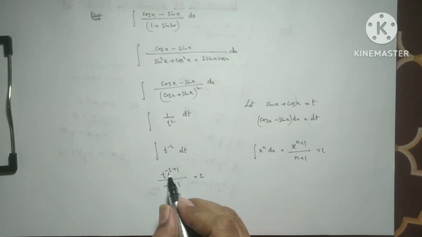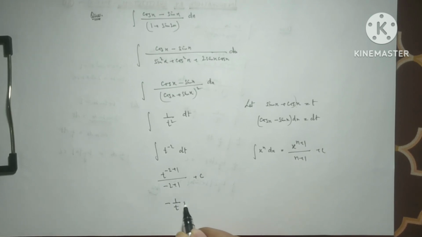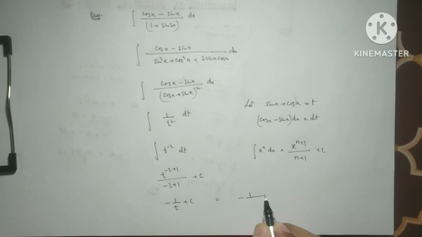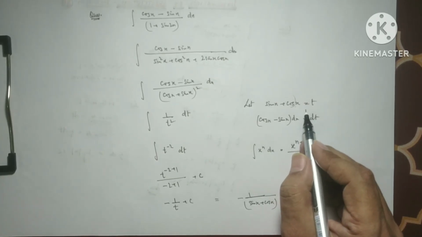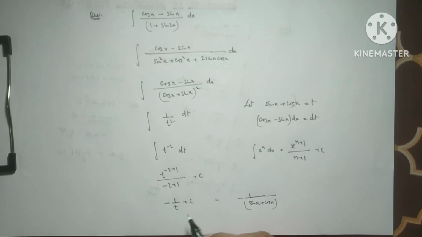This is t raised to minus 1, and this is minus 1, so we get minus 1 over t. It means it is minus 1 over sin x plus cos x, we substitute the value of t. So this is the final answer.